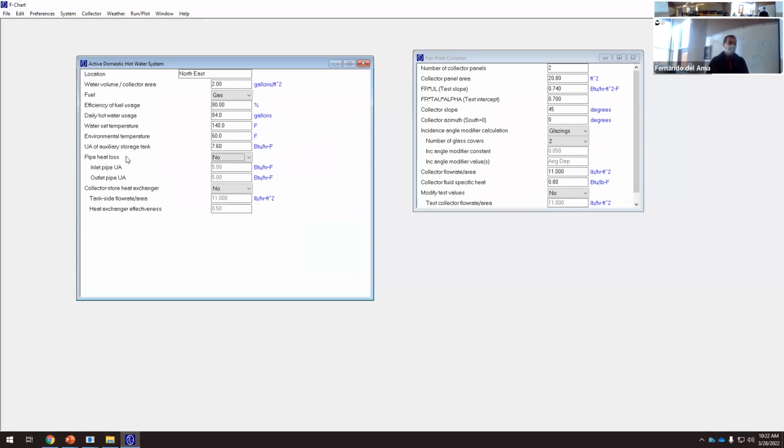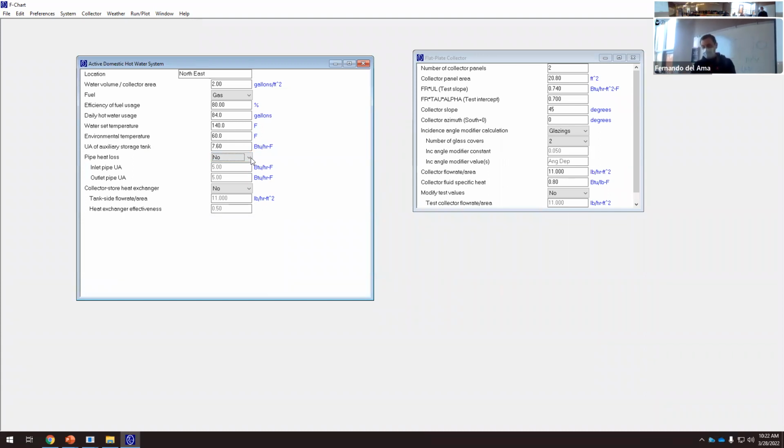Okay. If we have a lot of pipes exposed outdoors, then there will be a lot of heat loss. So this is our decision. If we type no, that means that we are optimistic and we have the panel placed on the roof, and immediately we go inside the building. And the environment inside the building is around 60 Fahrenheit. So that means that we are not losing heat.